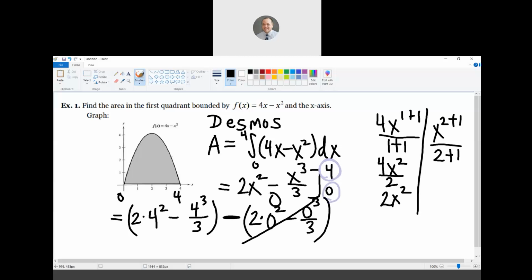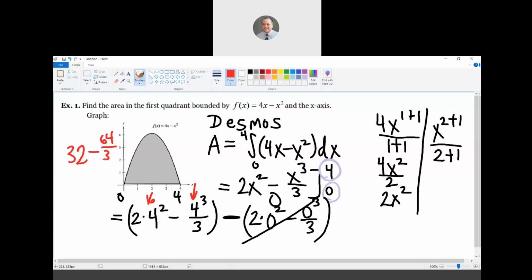So for the first substitution, 4 squared is 16. Times 2 is 32. Right here, 4 cubed is 64 over 3. Now let's rewrite 32 as something over 3, that way we can easily subtract the fractions.